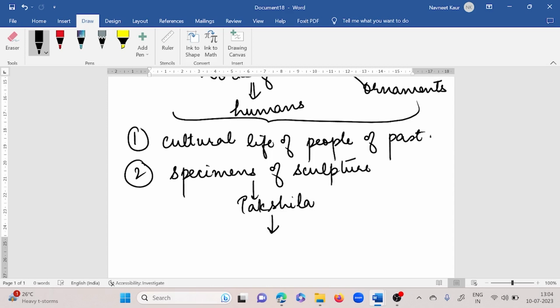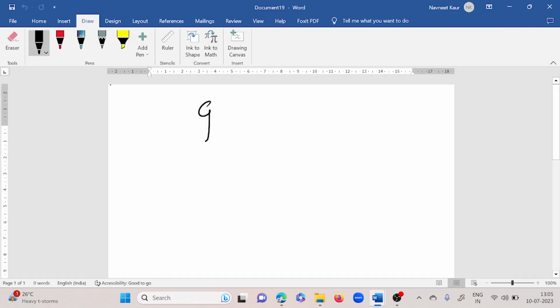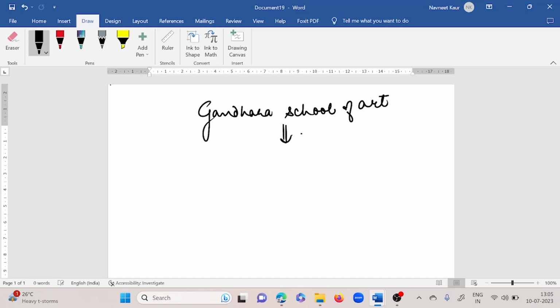It belonged to the period of Kanishka. And what did it depict? It threw light on the beauty of Gandhara school of art and its influence on Indian art.